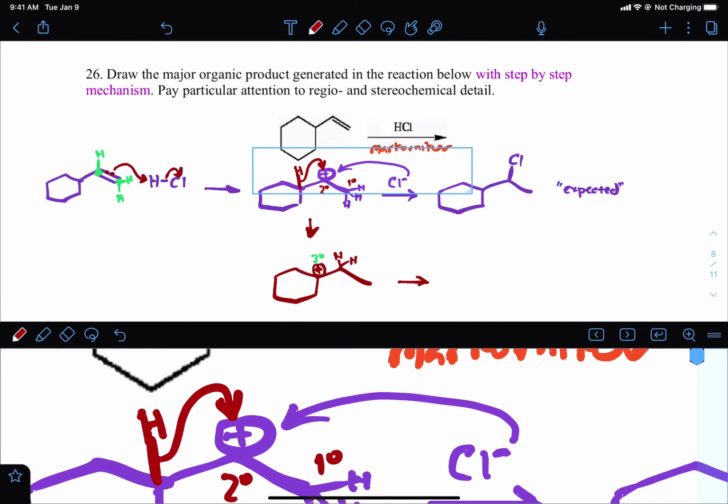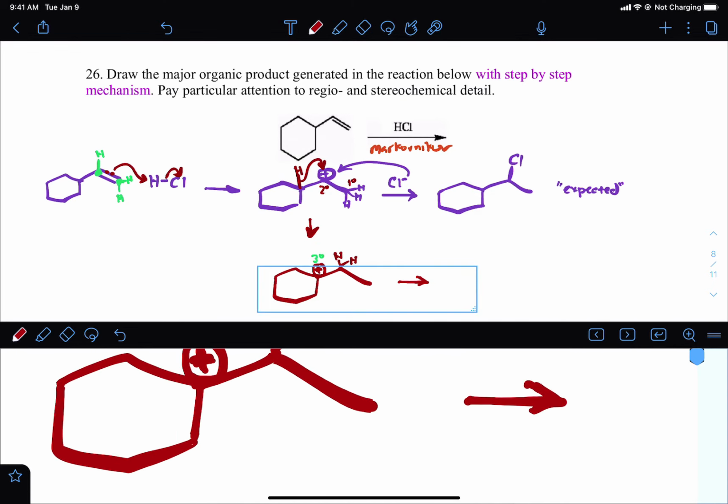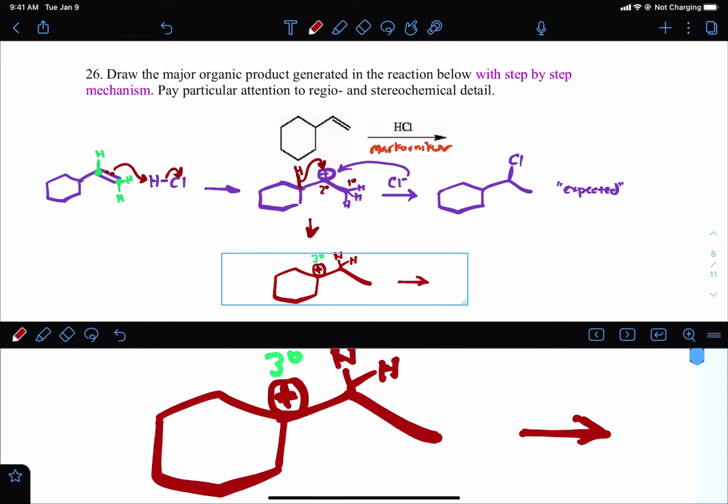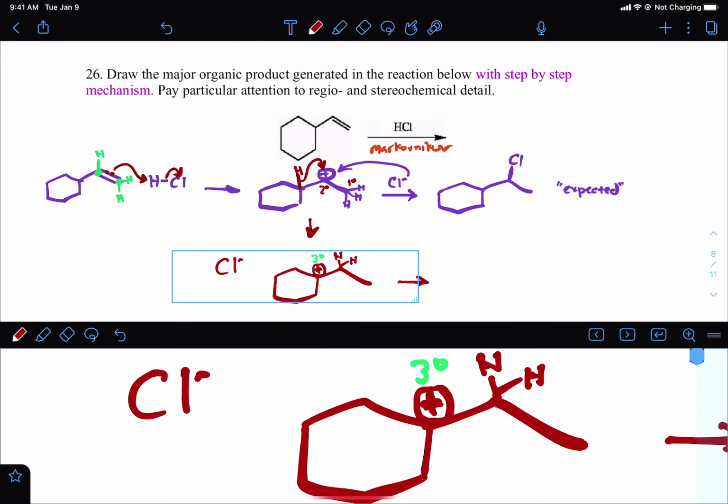Is the hydrogen going to transfer to the cation first, or is the chloride going to attack the cation first? But so the answer is that because the cation gets more stable, the hydrogen will win the race. The hydrogen is right next door. The chlorine is floating around randomly. Okay, so the hydrogen is going to shift, and we're going to get the tertiary, and that tertiary is going to stay around for a long time.